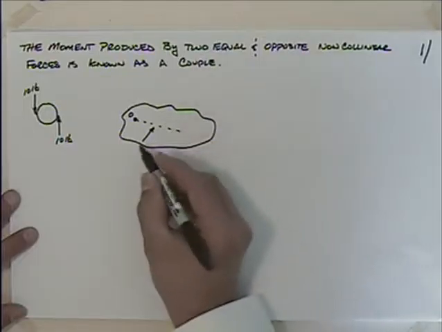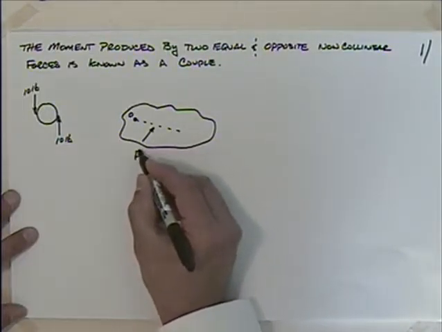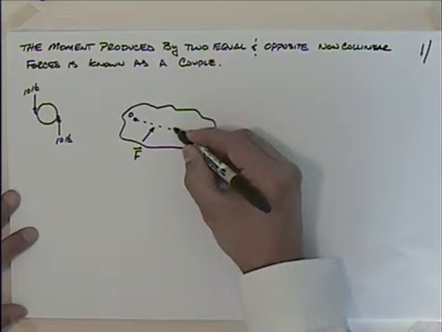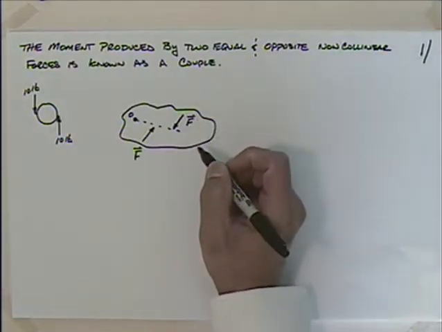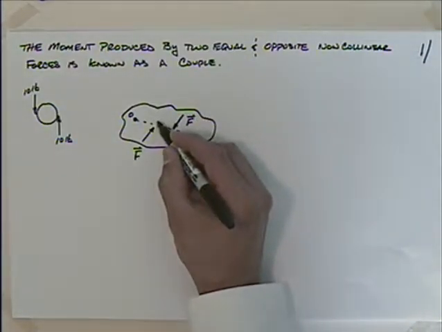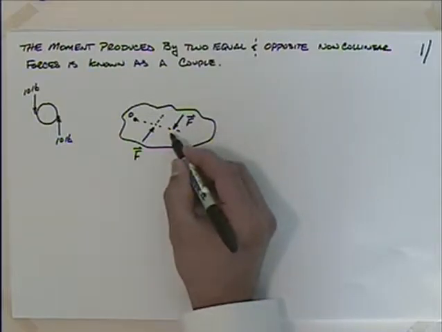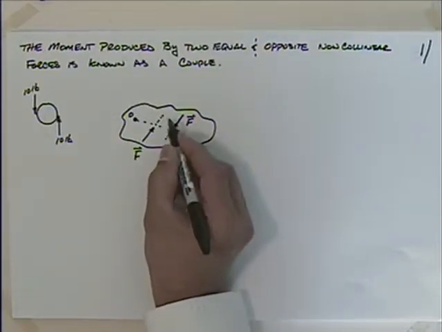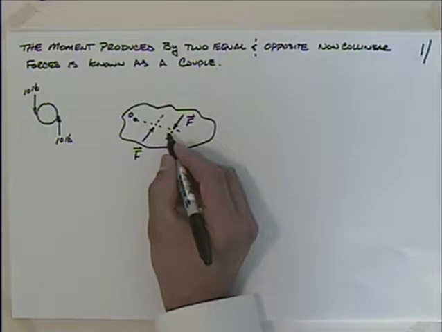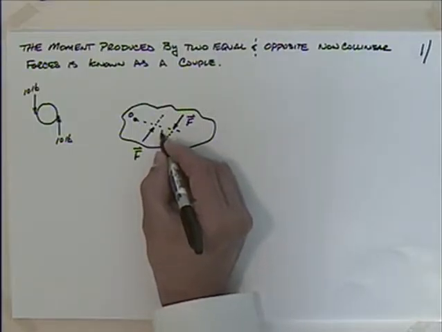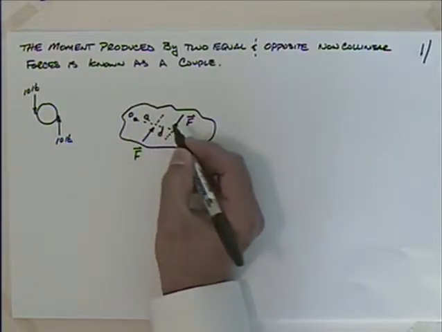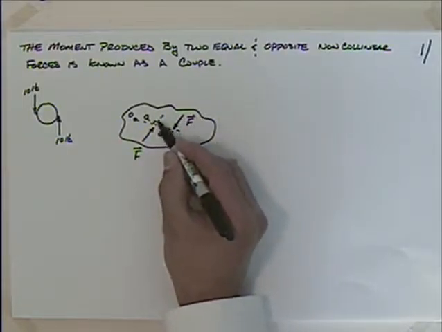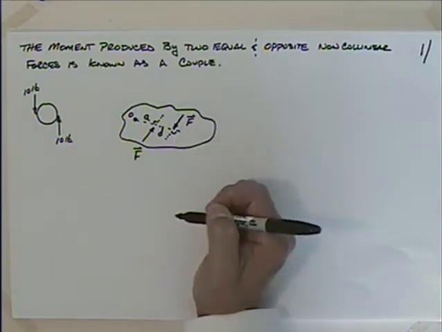I have this force F in that direction, and in the opposite direction I have this force F. So those forces are equal in magnitude but opposite in direction. They are separated by this distance, we'll say this distance is D, and maybe this distance is A here. And this is a right angle, and that's a right angle.